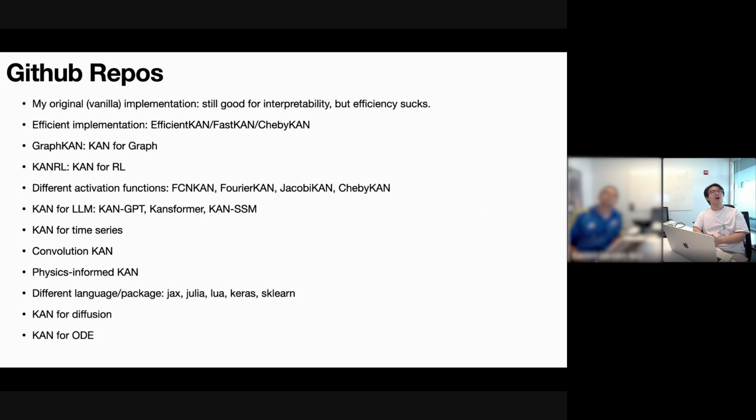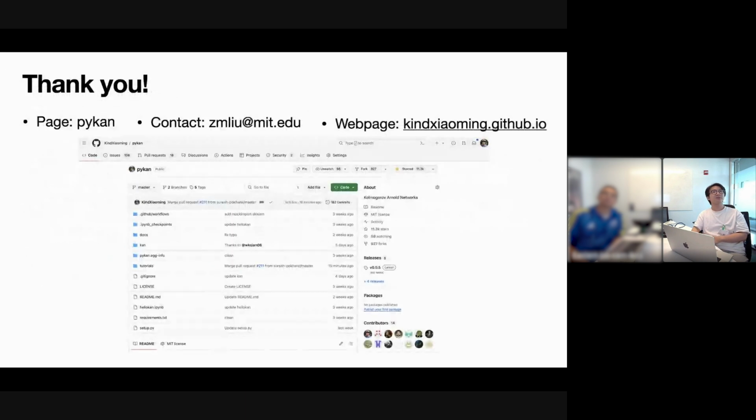Also, because people try to make KANs usable in machine learning, a lot of improvement in efficiency has been done, and people have even tried to replace MLPs with KANs in transformers to see the potential of KANs for language models. Yeah, so that's everything I would like to share, and I'm happy to take questions if you have any.